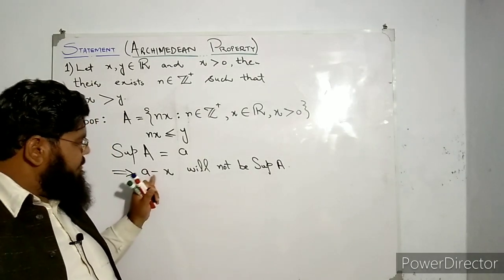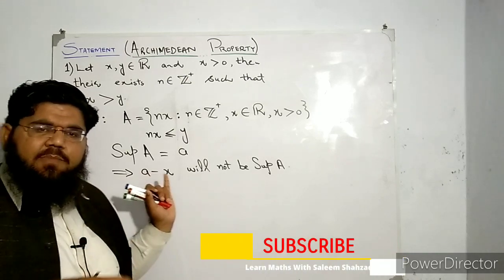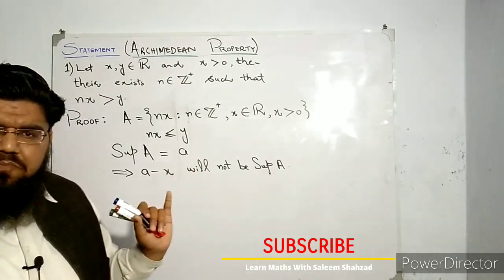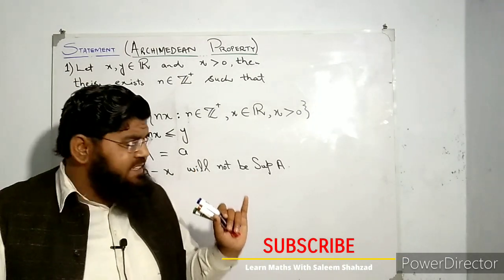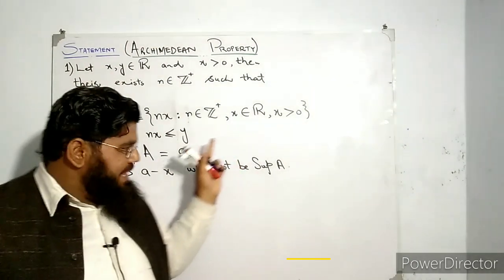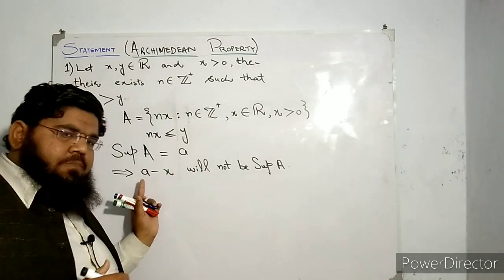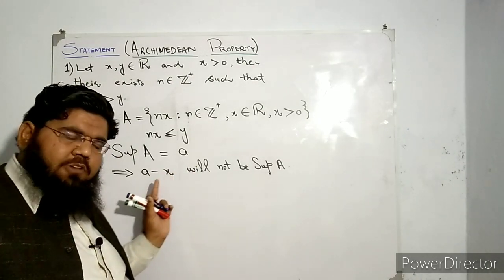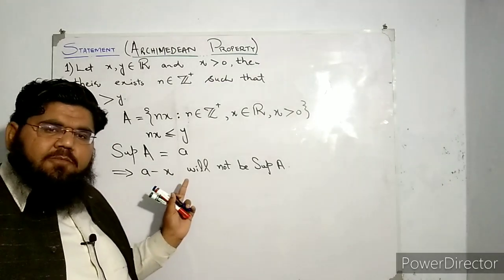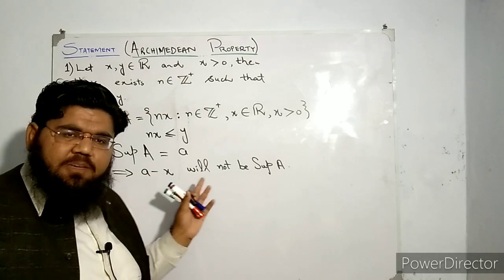Because when we say that a is the supremum, its other name is least upper bound, which means that there is no other upper bound of this set which is less than a. So if you subtract any positive number from a, your number will no longer be an upper bound because a was the least upper bound.